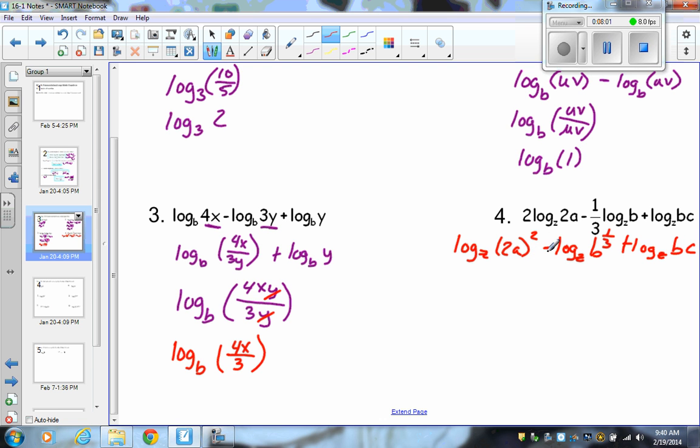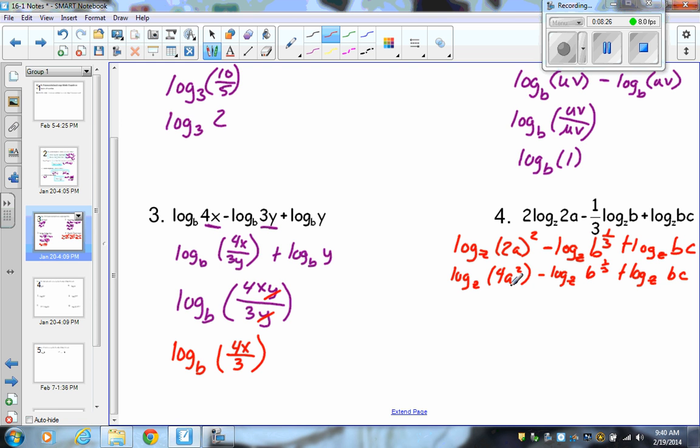Now we have subtraction, so I can write this as a division, but before I do that, I'm going to go ahead and carry that squared through. So this is really just going to be the log base z of 4a squared minus the log base z of b to the 1/3 plus the log base z of bc.